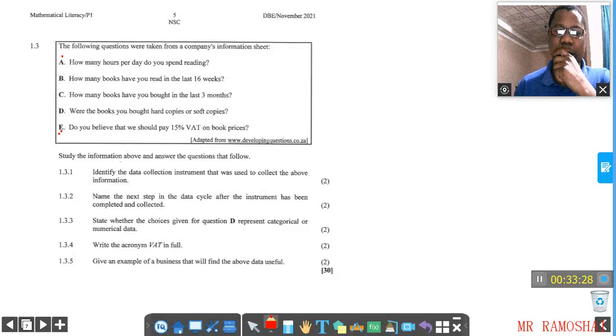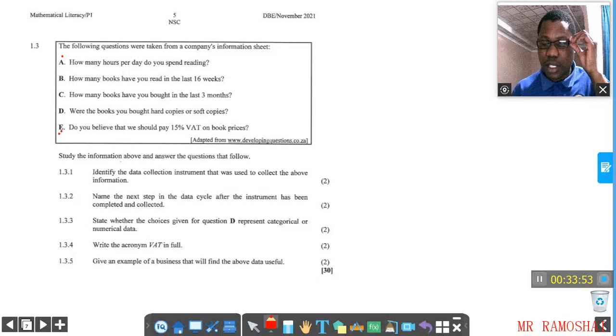So these are the questions designed to collect data, right? How many hours per day do you spend reading? How many books have you read in the last 16 weeks? How many books have you bought in the last 3 months? So you can see these are the questions developed to collect data, right?